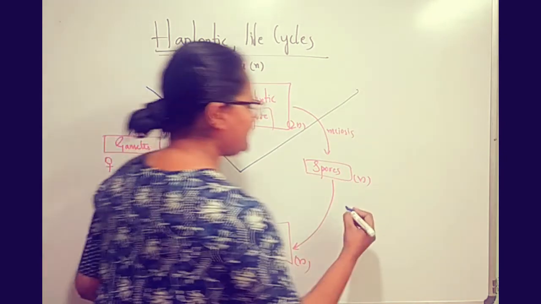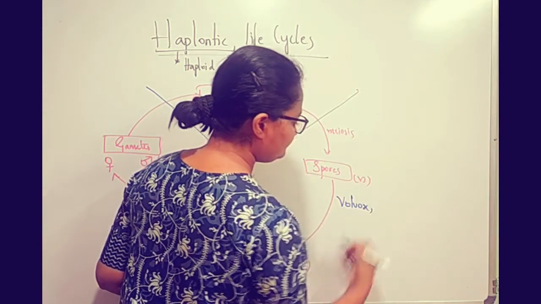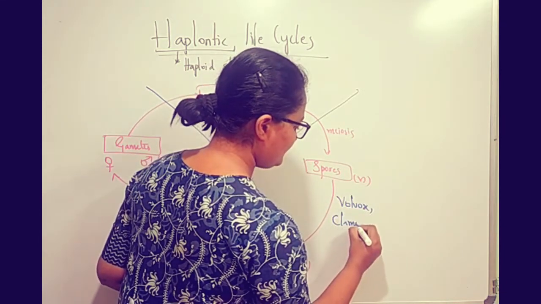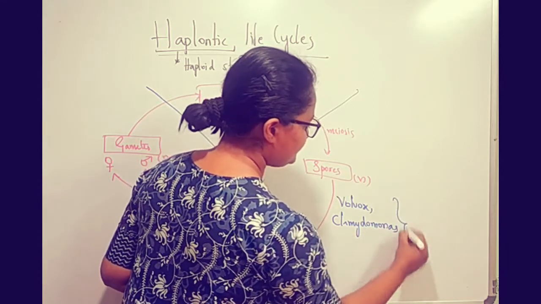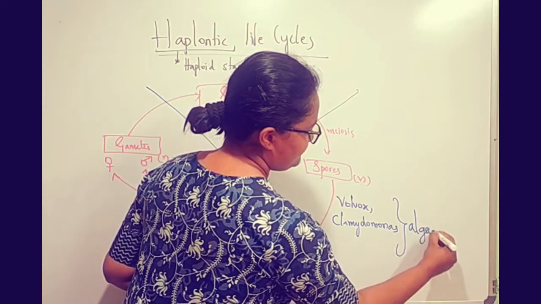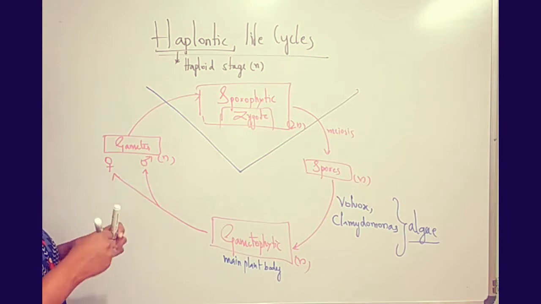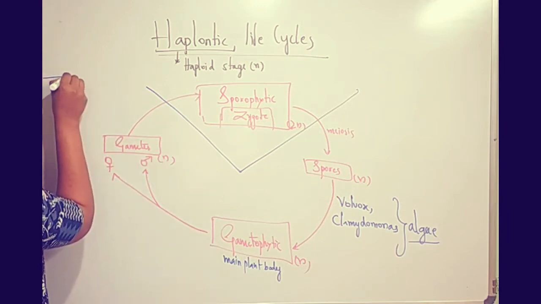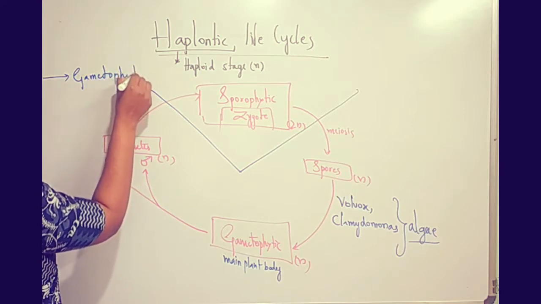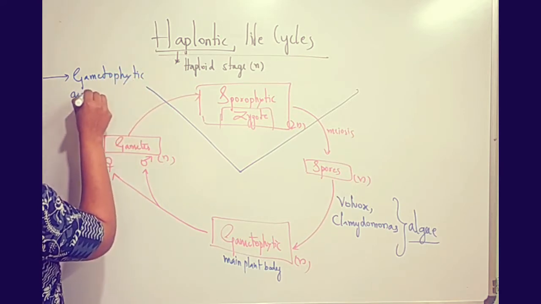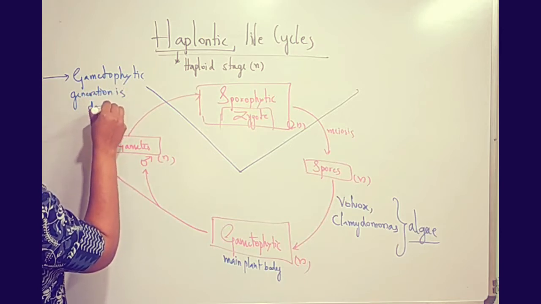So examples are some Volvox, some species of Chlamydomonas, that is algae. Maximum algae show the haplontic life cycle, where the gametophytic generation is dominant.